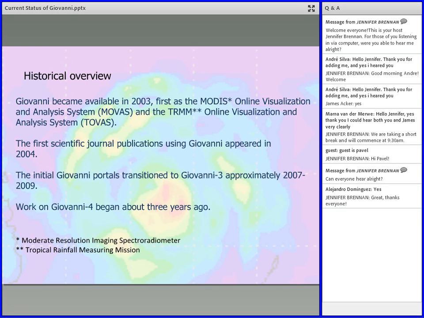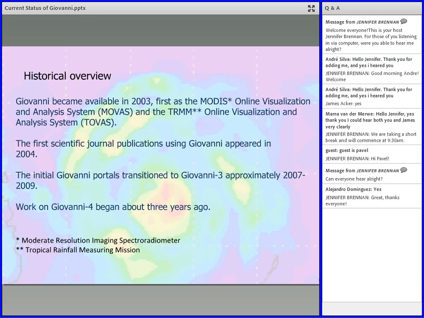If you look at our history, and we have these online, the first journal publications that used Giovanni appeared in the year 2004. And then we went into a development effort. These years were estimated from looking at emails in my system.